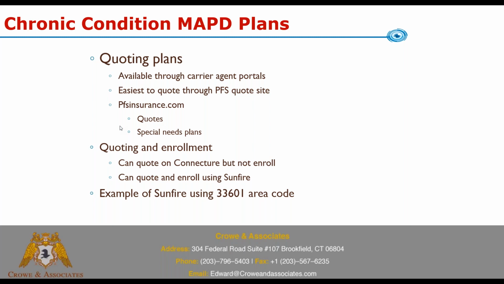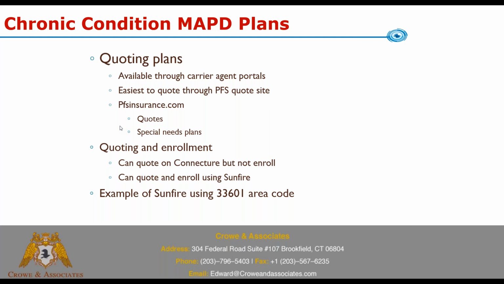You will need a username and password. It doesn't cost you anything to use it. If you have carriers with us, you just have to get the username and password from us. And you can go to pfsinsurance.com, click on the Quotes tab at the top, and then click on Special Needs Plans. And you can just throw in a zip code, and it will show you all the carriers and any chronic condition plans that are available in that given area.